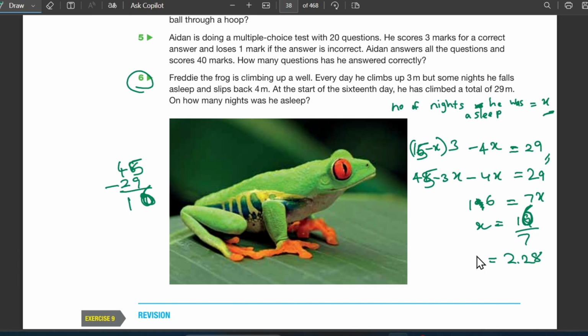Every day he climbs up 3 meters, but some nights he falls asleep and falls back 4 meters. At the start of the 16th day. 15 minus 9 is 6.